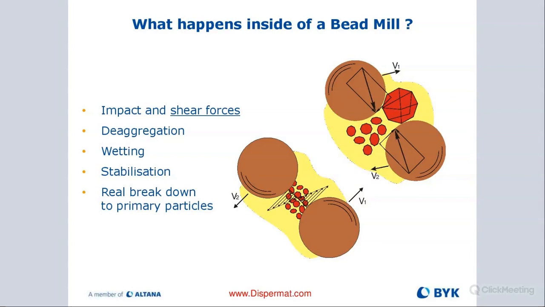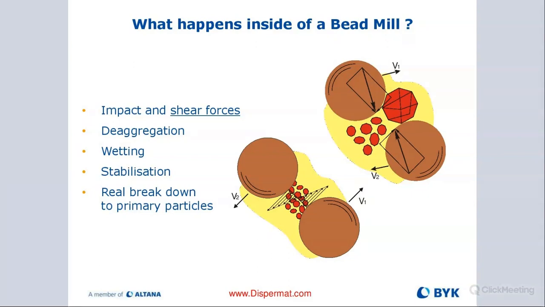Not at the point of impact; before the point of impact, these particles actually get pushed away, so it's very unlikely that we are crushing the actual particles. The shearing is caused by the media drifting towards each other at high velocities, and that's what causes these bonding forces to break up and make the particles smaller.